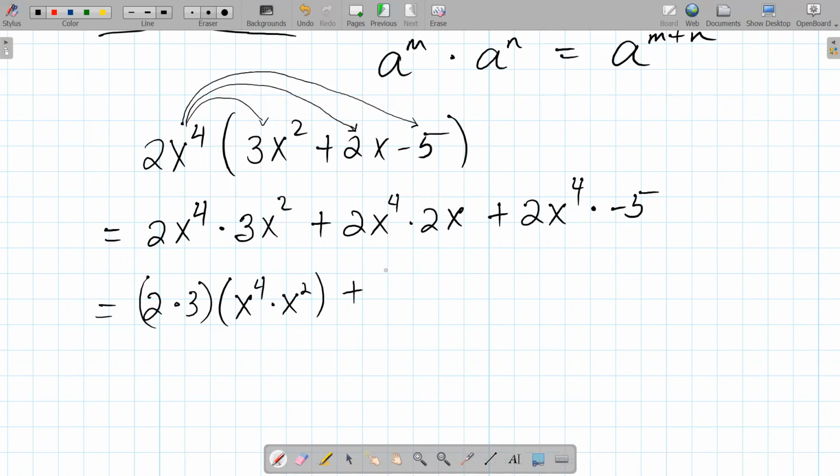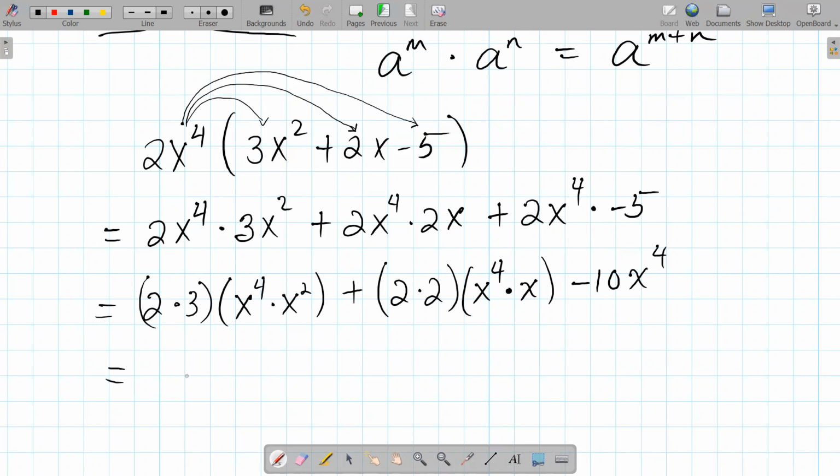So I'm just breaking things down for you to see how this goes. x⁴ and x. And over here is very simple. You just have only one variable with this power. So just multiply the 2 by -5, that gives you -10. And then just attach your x to the 4.